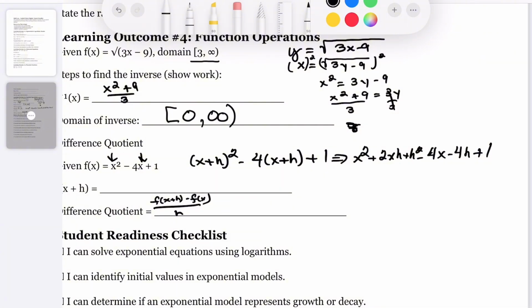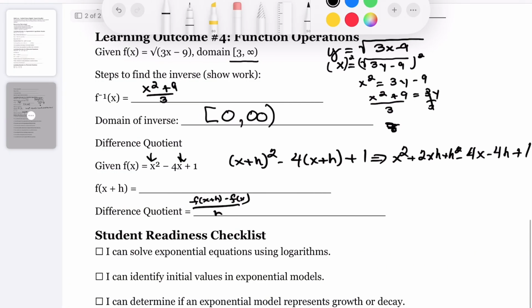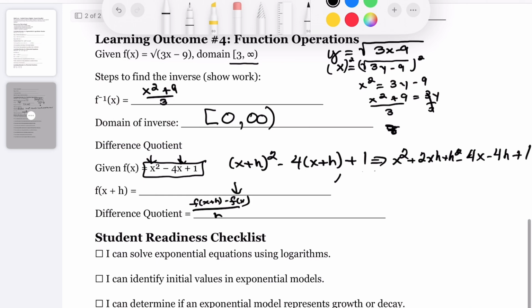Can I simplify anything? No, it's okay. We will be able to. So now you're going to take the original function and plug it into here. So you're going to have x squared plus 2xh plus h squared minus 4x minus 4h plus 1, and subtract.